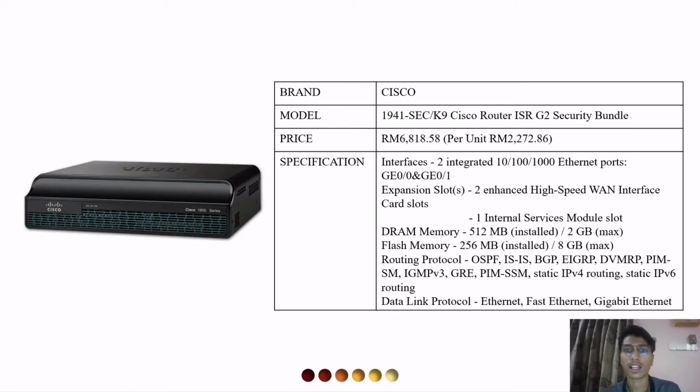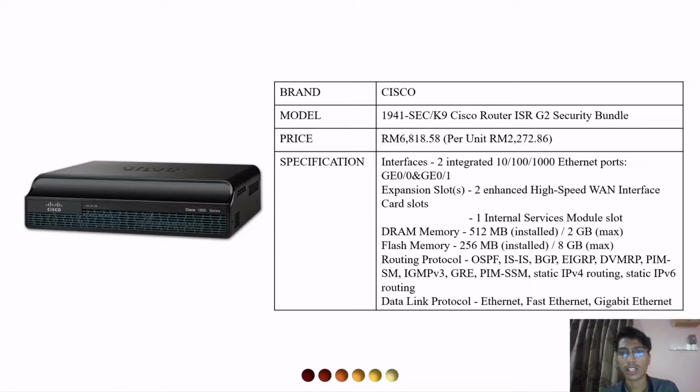That's why it's called SEC. The total price of three routers is RM6,818.58, which is per unit cost RM2,272.86. Okay, now let's see the specification.